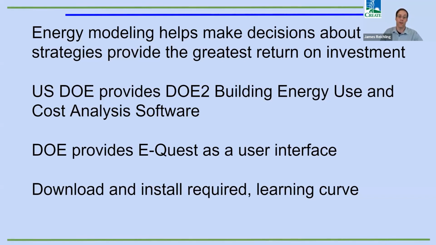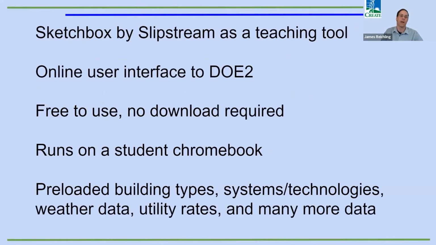DOE2 can be used in and of itself. There's a user interface that works with it that's called eQuest, but both of these are relatively difficult to use. You need to download them, you need to install them. There's a pretty steep learning curve. You have to understand how to feed particular building characteristics into those models. And so what Slipstream has done has been such a good advance.